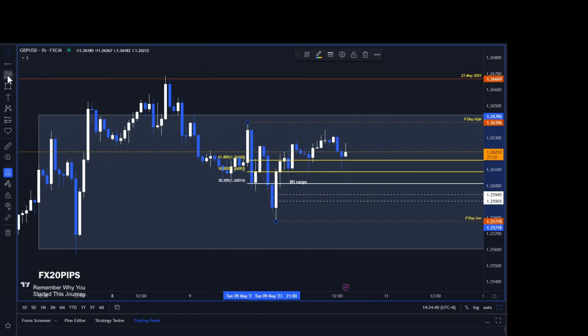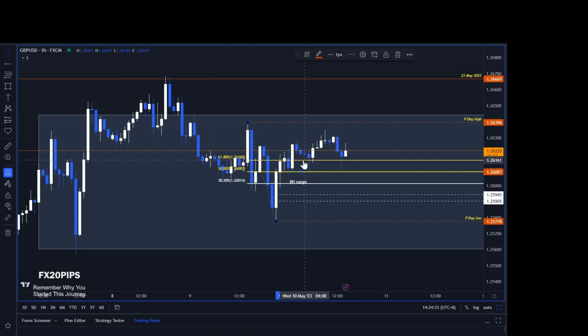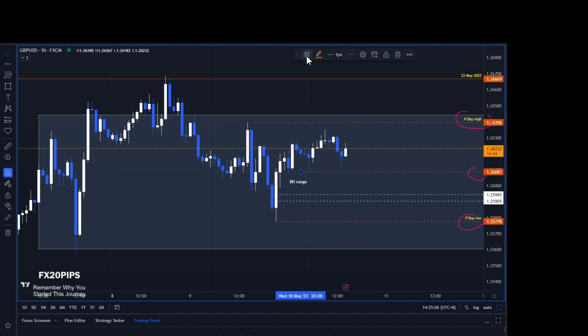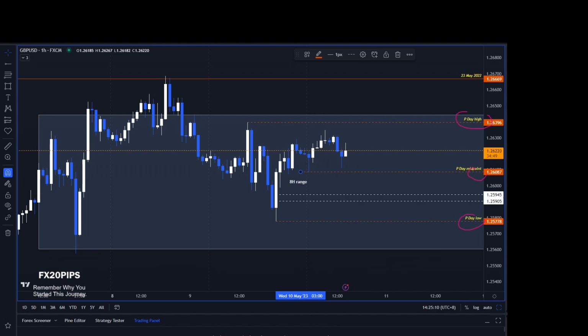So here, 50% is about here, right? 1.26087 is here. So there we have it: previous day high, midpoint, and low, to this previous day midpoint.